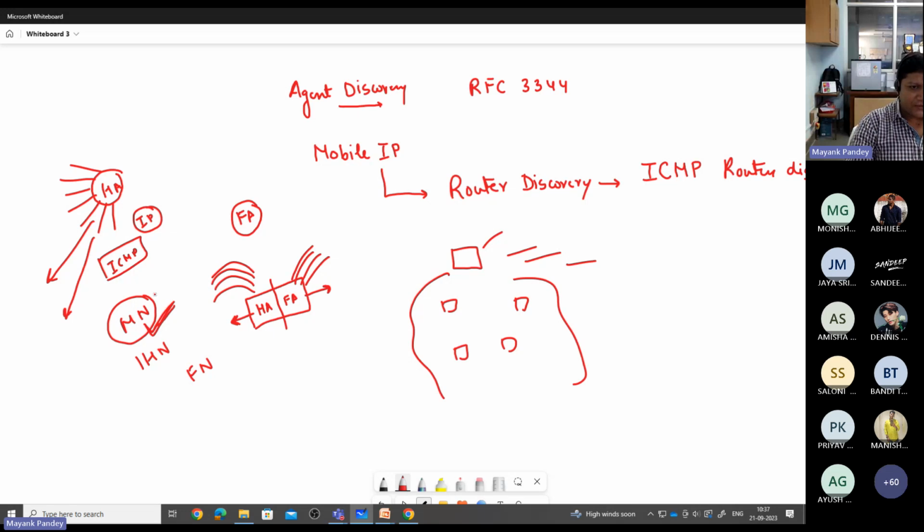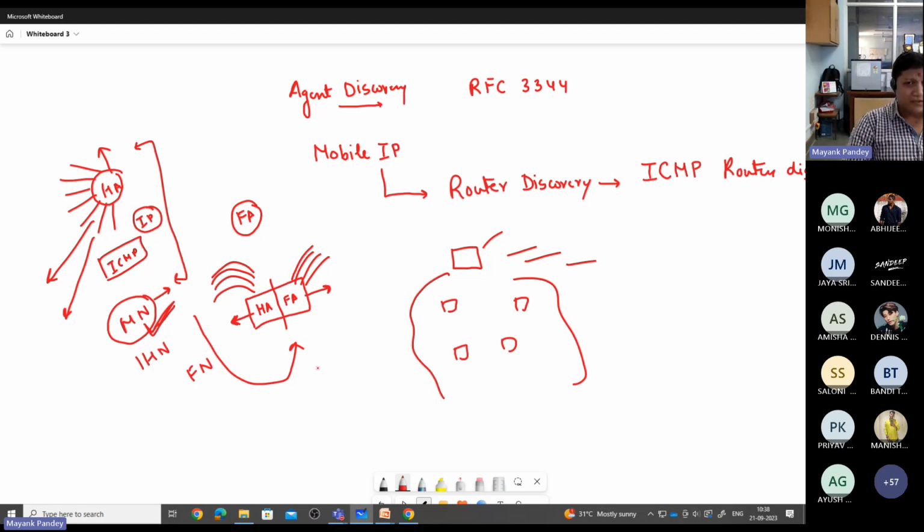If the network prefix of the mobile node's IP address and the network prefix of the advertisement are the same, it means the mobile node is still in the home network. And when they are different, it means the mobile node is in a foreign network. Only this much is there regarding agent discovery. There are other flags and other things which we will take later after the mid-sem examination.